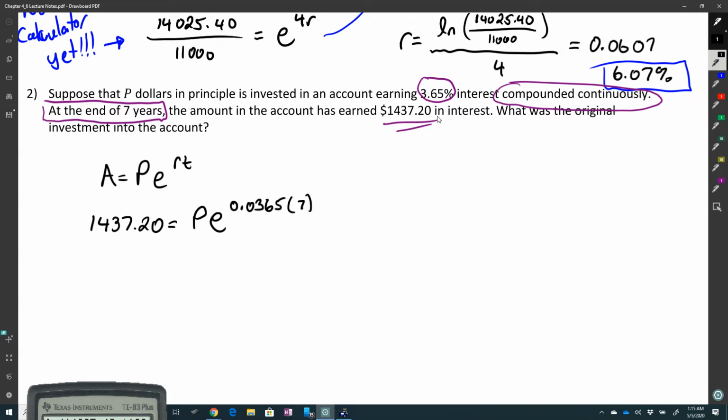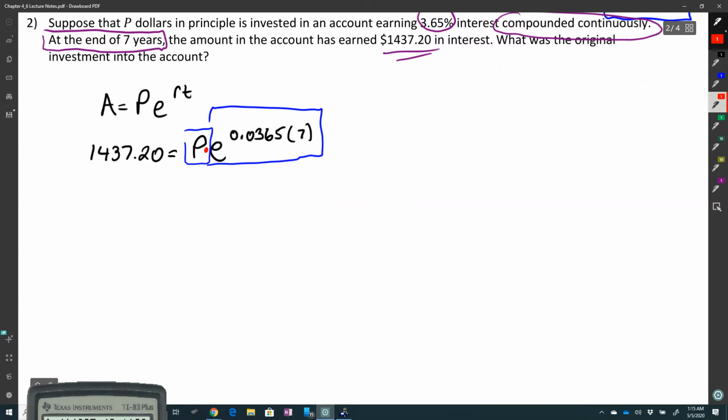All right. Now, notice that in this problem I have two things being multiplied to each other, and I want to solve for P. Well, P has nothing to do with that exponential. I can just divide by all of that.